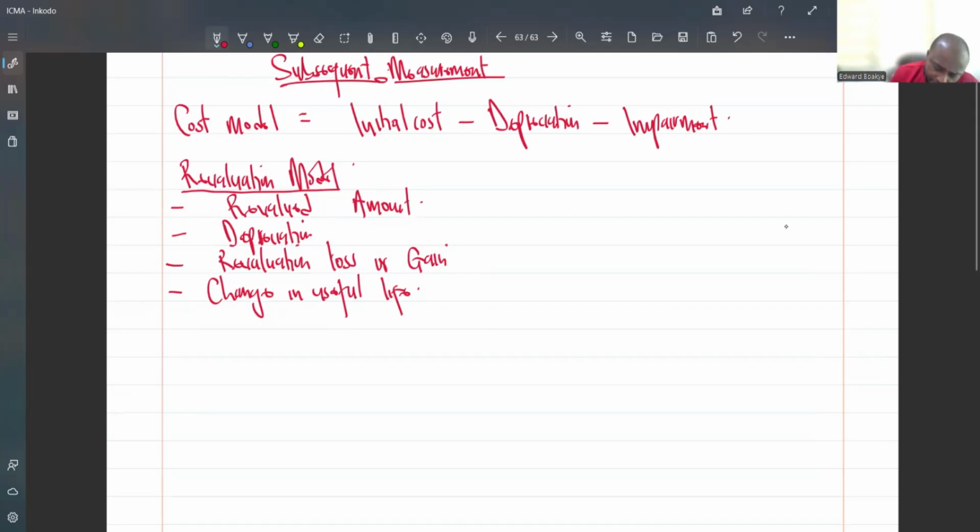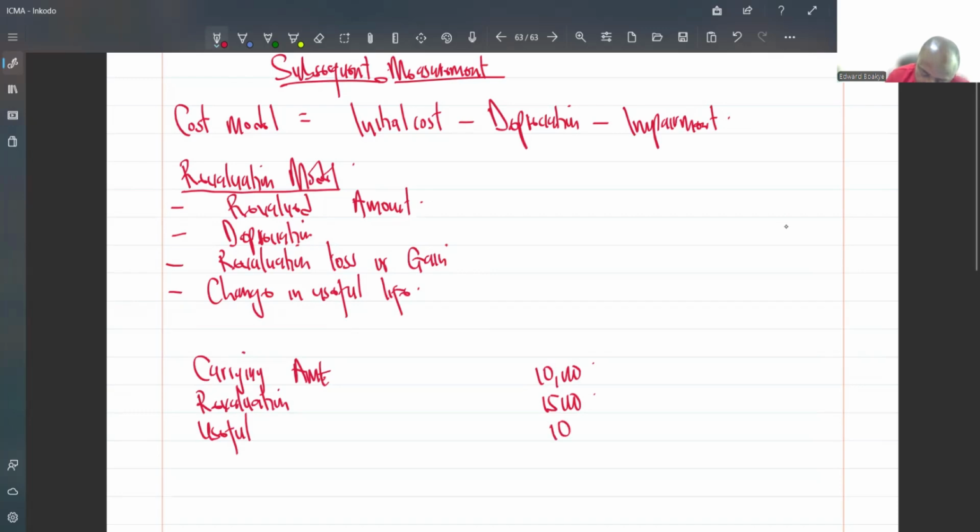Okay, so let's say before the start of the year, I had a carrying amount of 10,000. Then that same day, the asset was revalued to, let's say, 15,000. And the useful life remained at 10 years. In any case, I should have depreciated this 10,000 using 10 years.